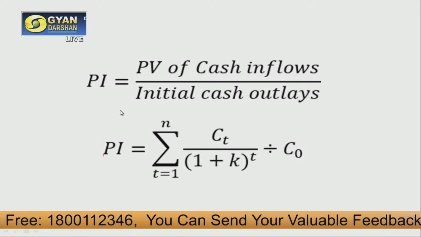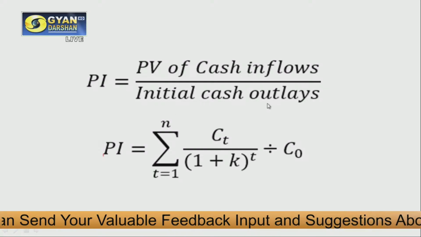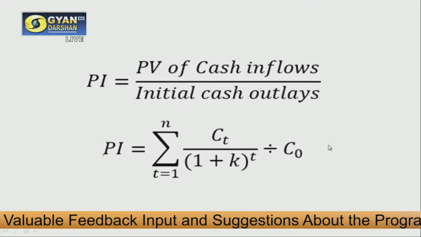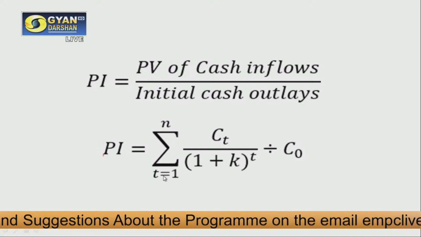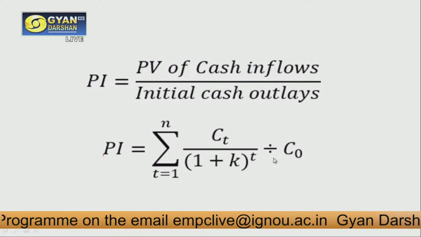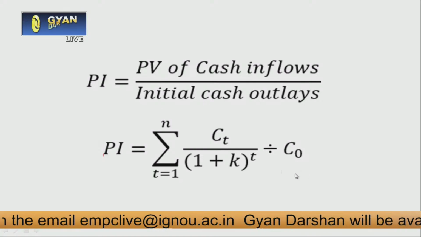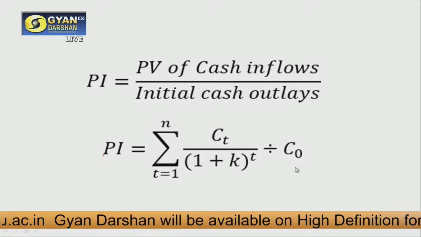So our profitability index is present value of cash inflow divided by initial cash outflow. In equation form, again, summation of all the present values of cash inflows divided by the cash outflow. In case of NPV, we used to put a minus sign here because we need to deduct cash outflow, but in case of profitability index, we are going to divide this with cash outflow.